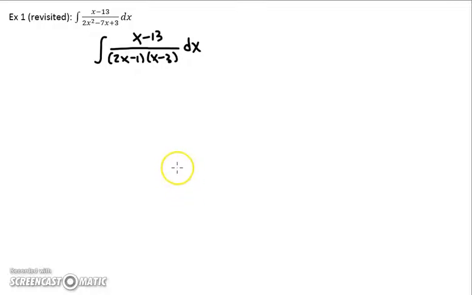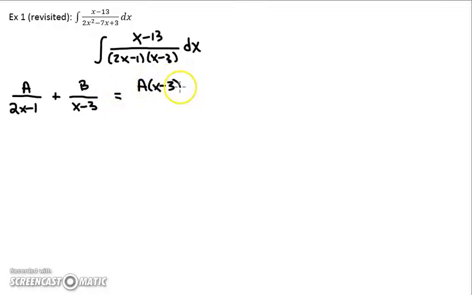So what we're going to do next is we're going to think about this. I know that some number A over (2x - 1) plus some number B over (x - 3) is going to equal this. And if it was going to equal that, we'd have to say A(x - 3) + B(2x - 1) all over (2x - 1)(x - 3).